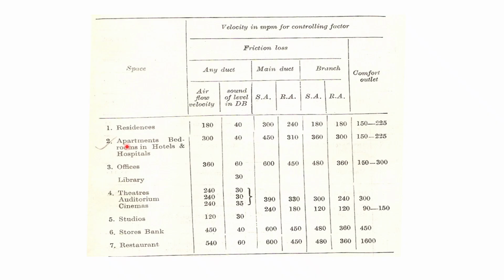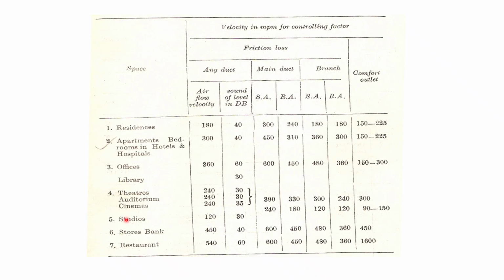In apartments, the air velocity is 300 and sound level 40. In offices, it is 60. In library, the sound level has to be kept low. The supply air and return air in main duct and branches are shown in this chart.